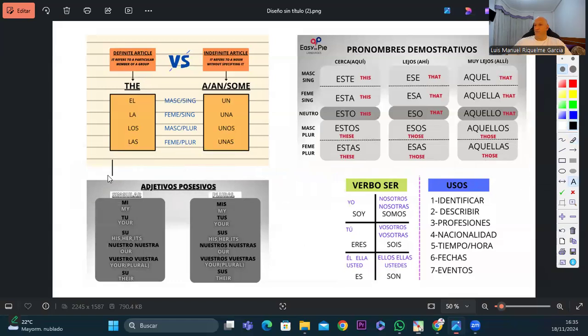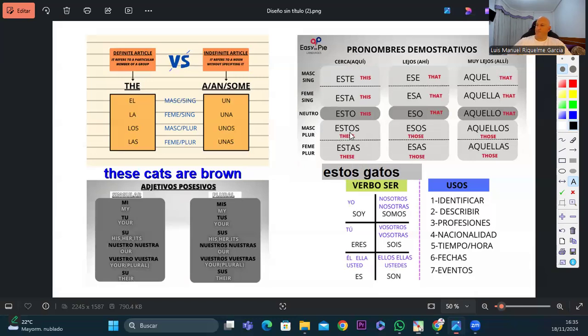Another one. These cats are brown. Similar sentence, but this time instead of being one cat, it's more than one. Gato is still gato. Now this time it's more than one, so it would be gatos. How do you say these? Well, it's no longer este. Now it's masculine, but it's plural. Estos.